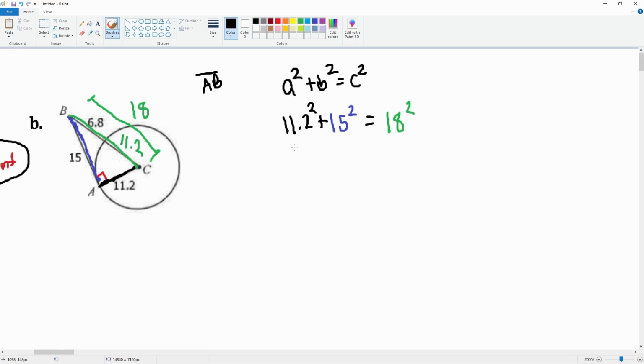This 11.2 squared is 125.44, plus 15 squared, which is 225.